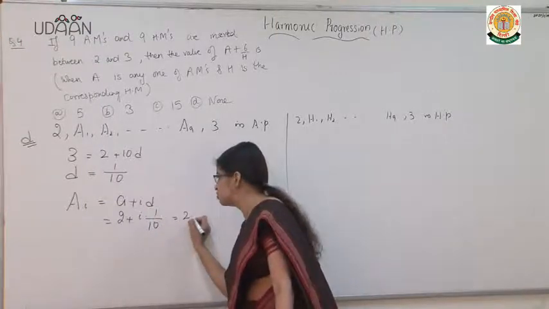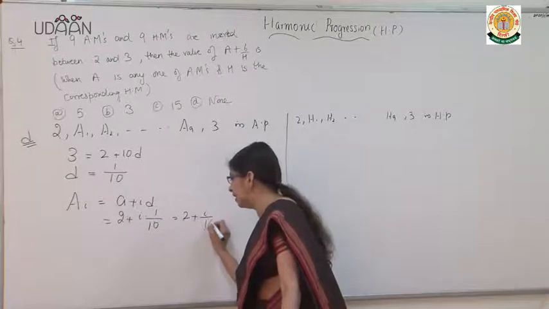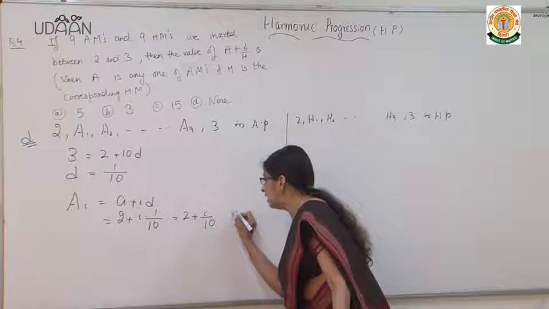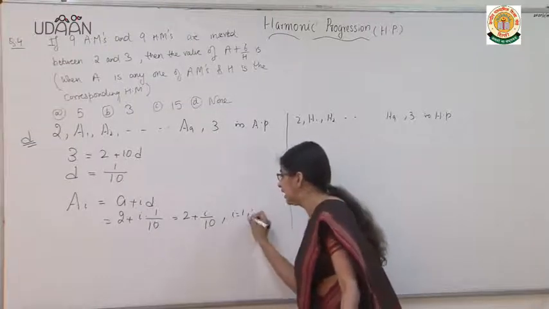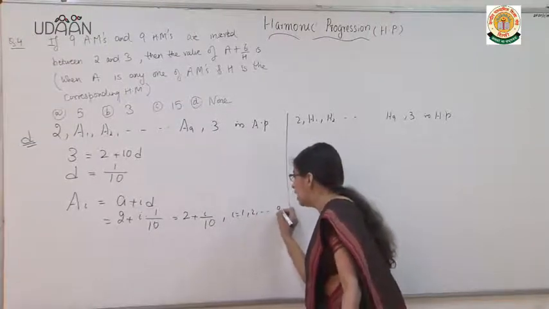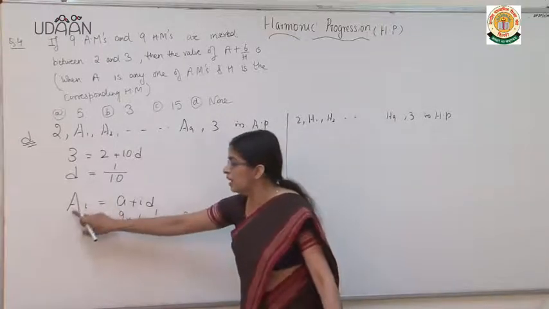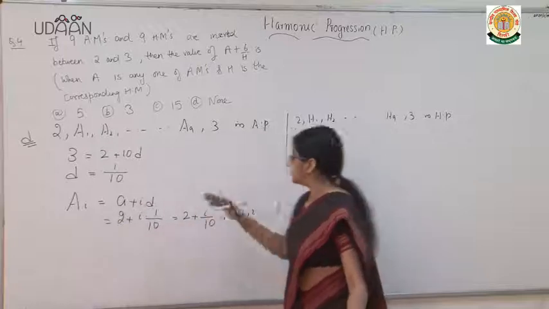So this equals 2 plus i by 10, which is the ith arithmetic mean. If you put i equal to 1, you will be getting A1, i equal to 2, A2, etc., i equal to 9, you will be getting A9. So this is the general formula for the ith arithmetic mean Ai.